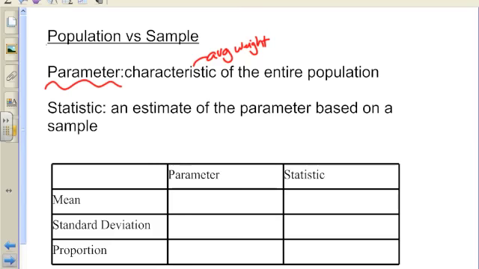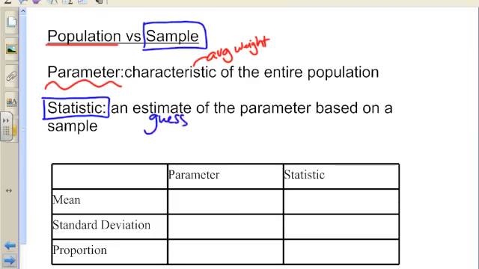Because we don't ask the entire population, we only look at a sample, then we get what's called a statistic. It's an estimate, a guess of the parameter based on a sample. I'm not going to go out and weigh every dolphin on the planet Earth to find out the average weight of a dolphin.